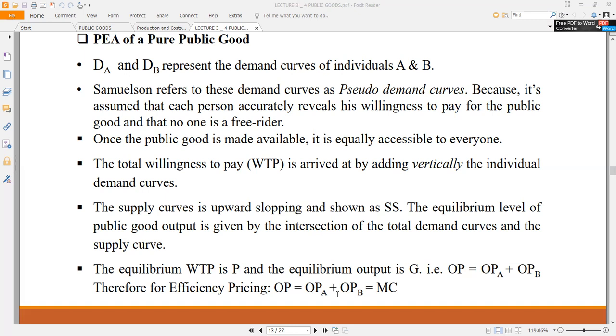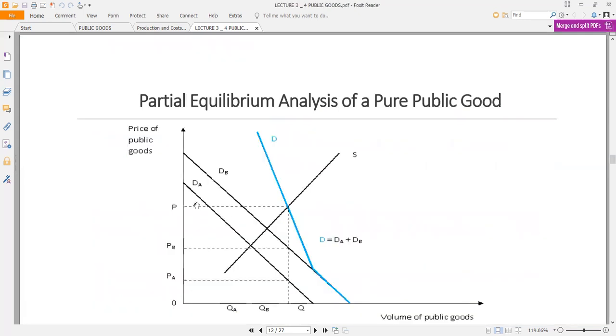In other words, we get the marginal benefit by adding the marginal benefit from the various individuals that are going to enjoy the public good. So if you want to get the equilibrium condition here, we add PA to PB to get OP. Then that is where we get our equilibrium.